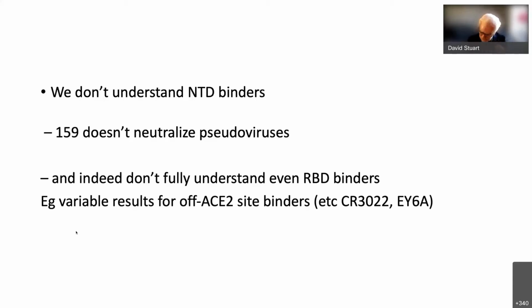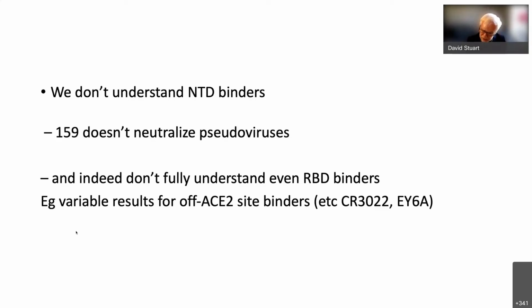And it's important to say now, because I'll gloss over it later, that there are some receptor binding domain antibodies that don't block ACE2 binding, and there are well publicized examples in the literature. One is called CR3022, another is EY6A. There are others.